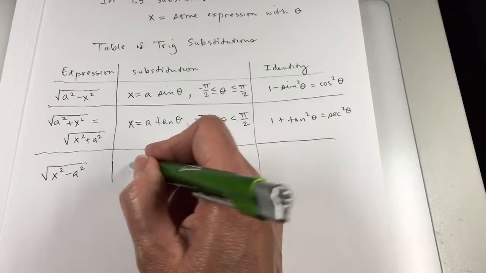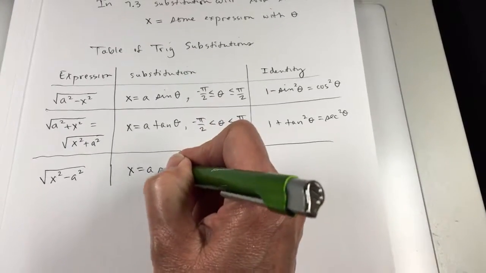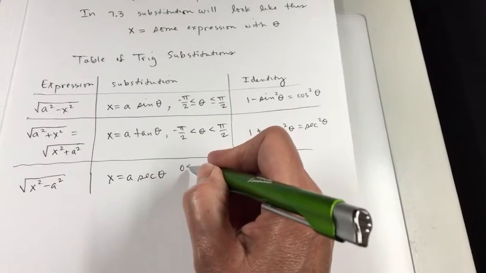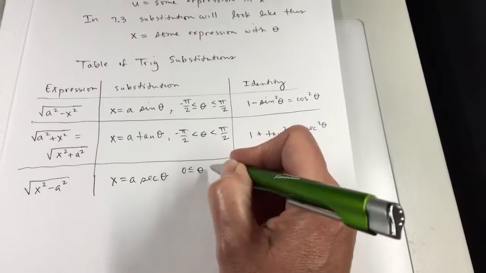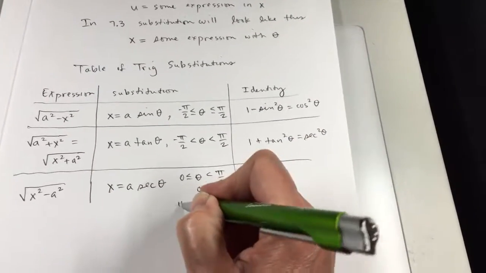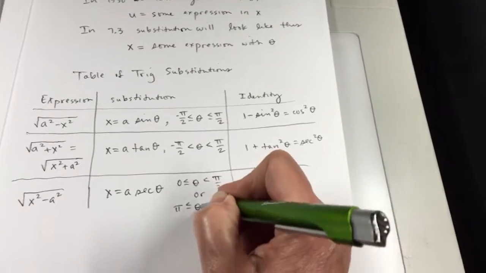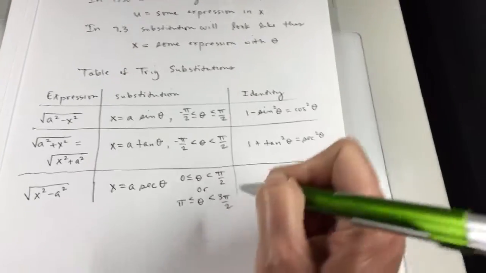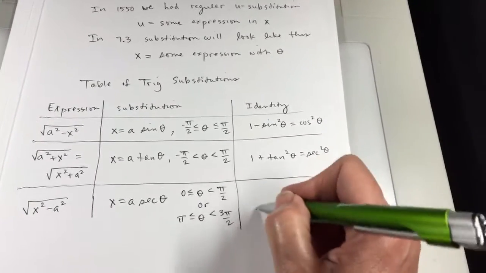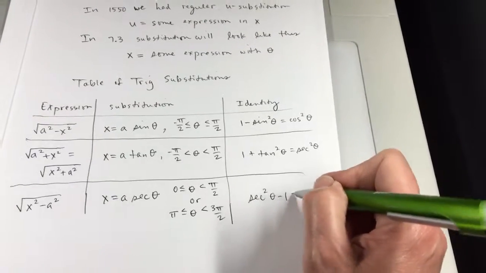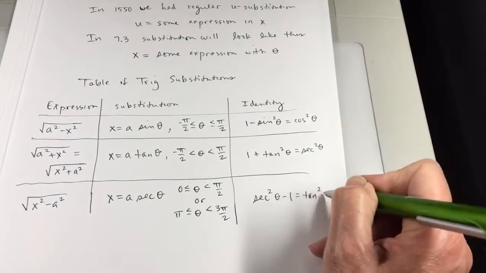The substitution is x equals a secant theta, and theta is defined from 0 less than or equal to theta less than pi over 2, or from pi less than or equal to theta less than 3 pi over 2. And the trig identity, secant squared theta minus 1 is tangent squared theta.